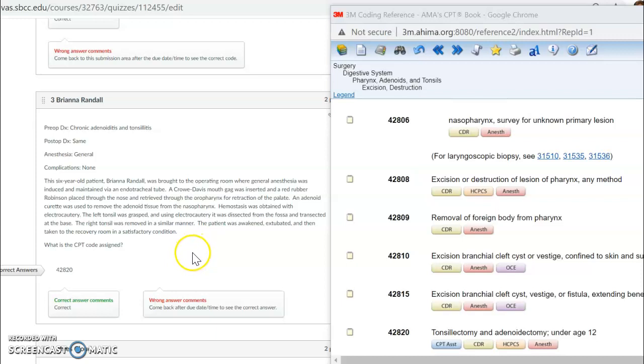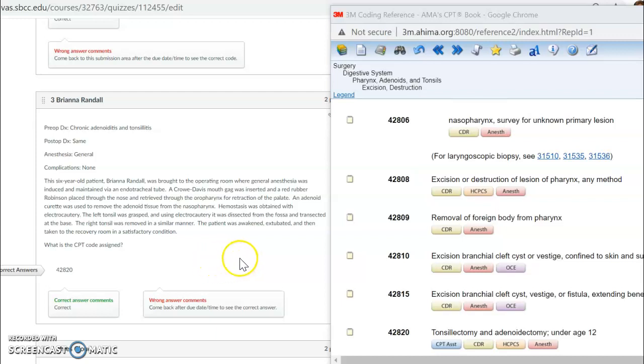It was used to remove the adenoid tissue from the nasopharynx. Hemostasis was obtained. The left tonsil was grasped using electrocautery. It was dissected and transected at the base. Then they did the right tonsil. It was removed in similar fashion. Patient was awakened and then taken to recovery.